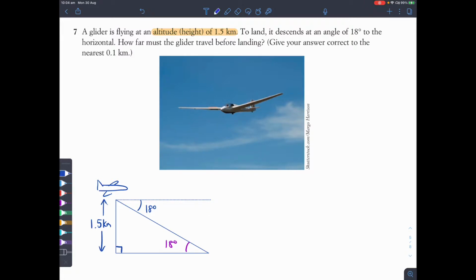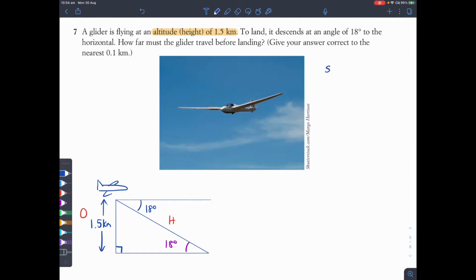Then, how far must the glider travel before landing? So if it's asking for how far the glider is traveling, well, it's traveling in this direction. So we're trying to find out what the hypotenuse is, opposite the right angle. Whereas what we've got here is opposite the other angle. So call that O in this case.